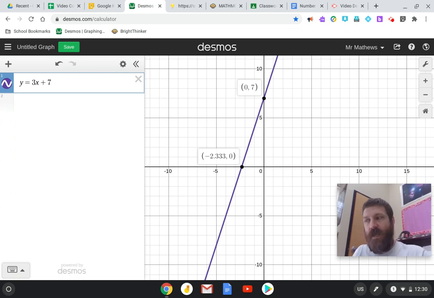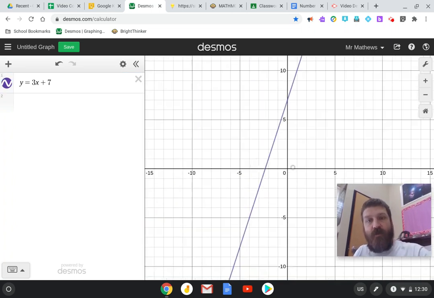Those are always going to be given to you when you graph a function on the Desmos system. So my y-intercept is 7. It's right here, because that's the y-axis. And my x-intercept is going to be negative 2.333. So you might be wondering, what about the slope?